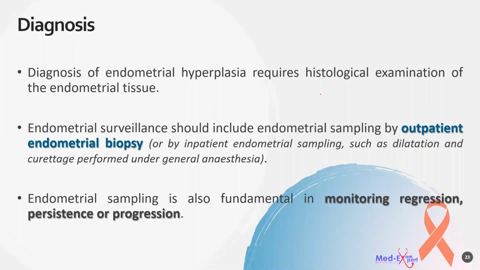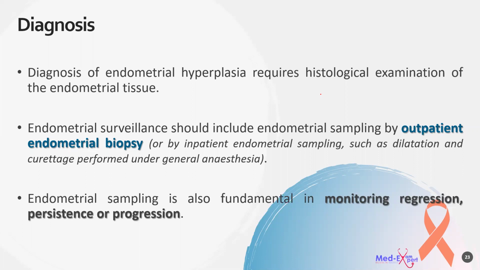But of course, the first choice is to do a simple outpatient sampling by the pipelle. If it's not feasible, or if there is an indication for dilatation and curettage under general anesthesia, of course, we will prefer that method. Like if the patient is not cooperative, for example, if she is in pain in the outpatient clinic, she could not withstand the local outpatient procedure.